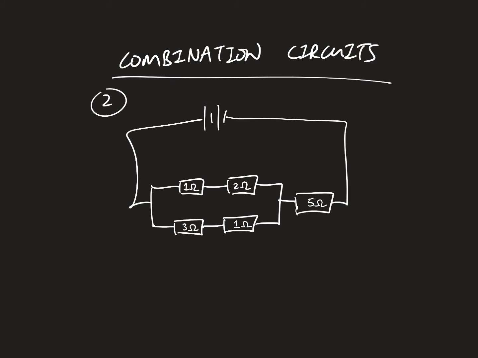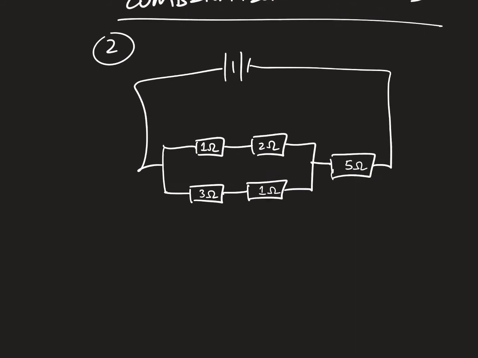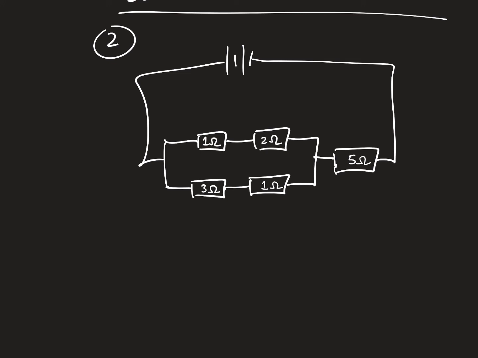So here's what I recommend. Combine these two first using the series formula. So always start with what you definitely know. You know they're definitely in series with each other. It's not complicated. So let's start with this section, and let's call this R series 1, and let's call this part R series 2.